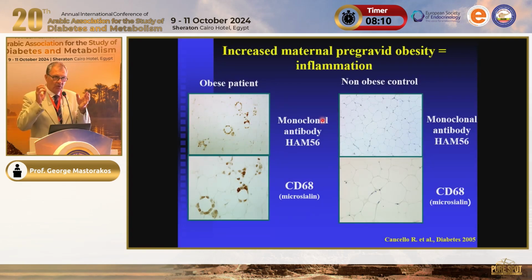And when we stain these macrophages with specific stainings, here you can see the brownish color of macrophages, you can see that in an obese patient the adipose tissue is full of macrophages, so an obese person is in an inflammatory condition because of their adipose tissue.